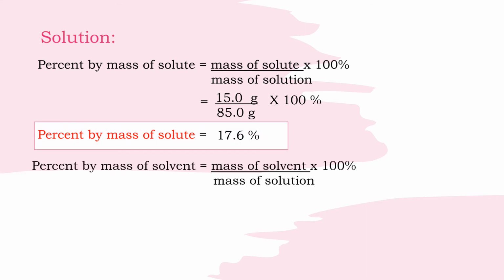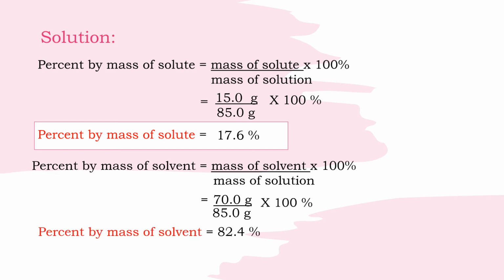Okay, how about the percent by mass of solvent? Substitution of the given values of solvent, we have 70.0 grams. And for the value of the solution, we have 85.0 grams times 100%. That is very simple. So the mass percent of solvent is 82.4%.